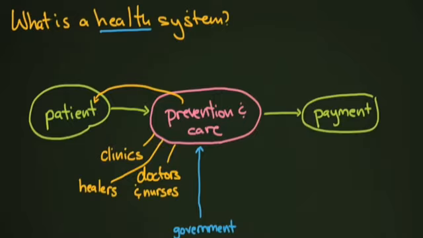As a part of this whole prevention and care network, a lot of companies have come out and started selling services. So pharmaceutical companies are a big one. And you also, over time, have gotten a lot of NGOs, non-governmental organizations.